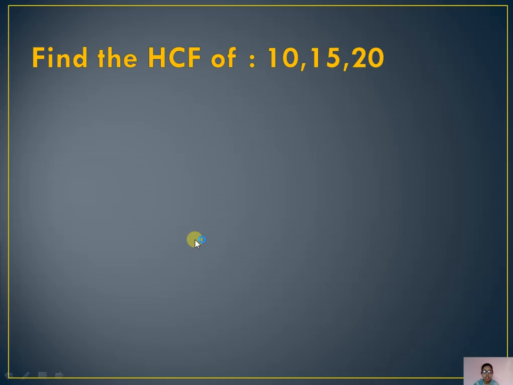Let us understand this through an example. Find the HCF of 10, 15 and 20. So, for finding the HCF, first we have to find out the factors of 10, 15 and 20.